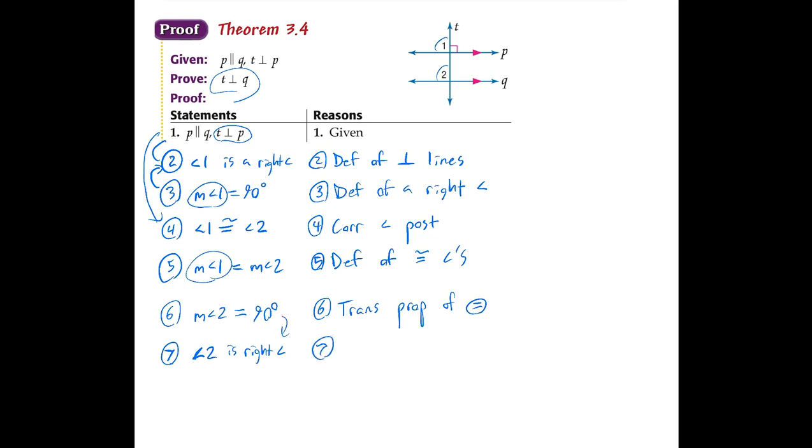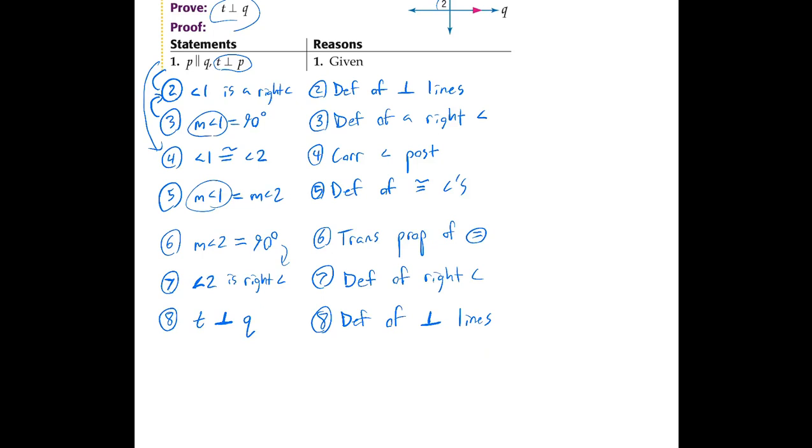Well, to get from 90 to right angle, that's the very meaning of the word right angle. So that's the definition of a right angle. And then how do we get to our last step that they're perpendicular? So T is perpendicular to Q. The way we get there is simply saying, well, that's the very definition of the similar word perpendicular. So that's the definition of perpendicular lines, okay? So there were a couple proofs for you to digest.